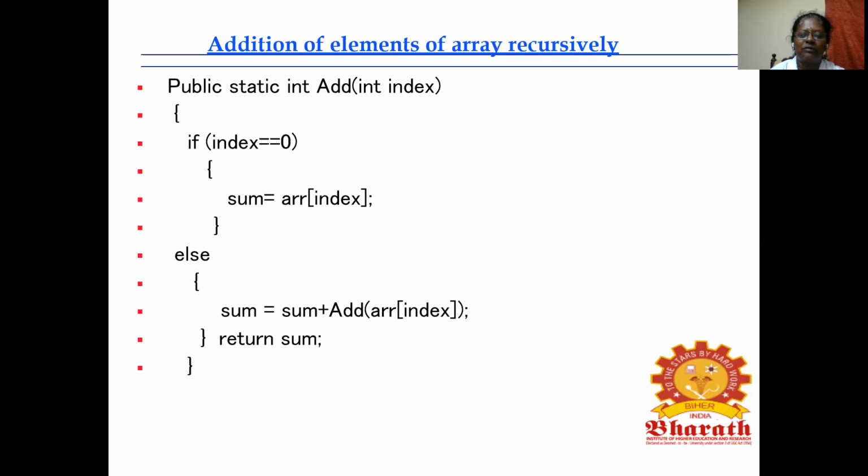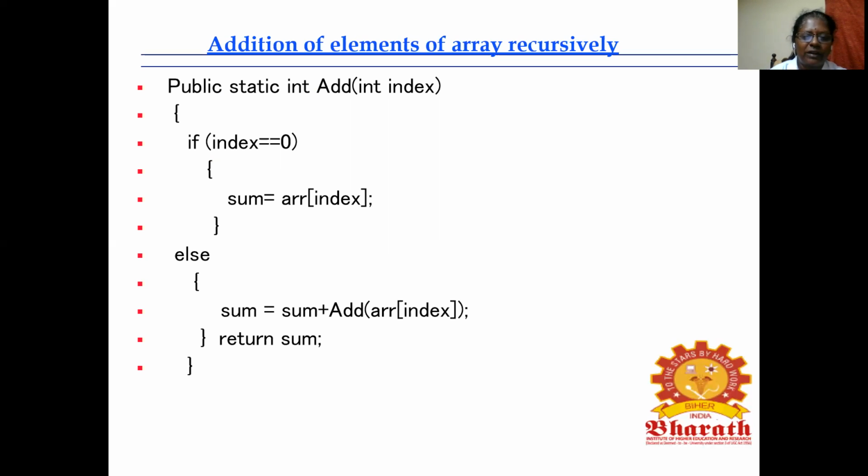It will be added one by one, so index 0, index 1, index 2, index 3, and index 4. The sum will be calculated and it will return the sum. It will be called again and again, sum plus add array of index, until the condition becomes 0. Once it becomes 0, it will return the sum. So this is the addition of elements of array recursively.